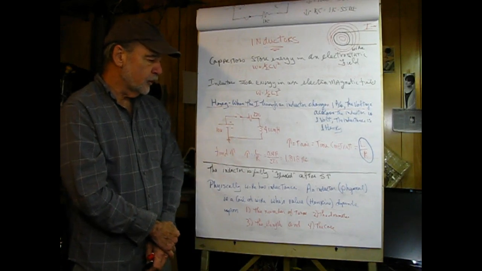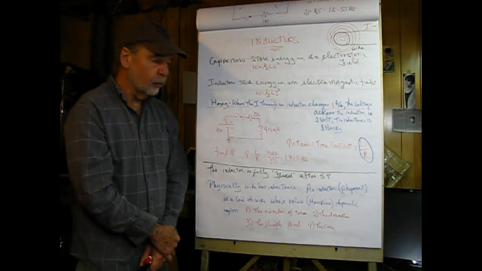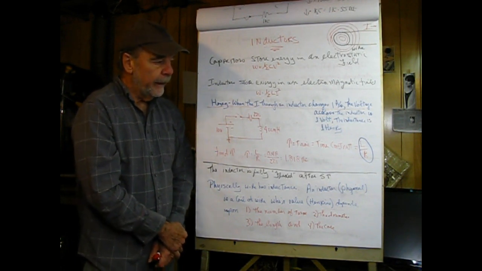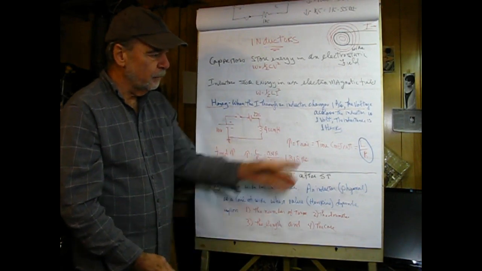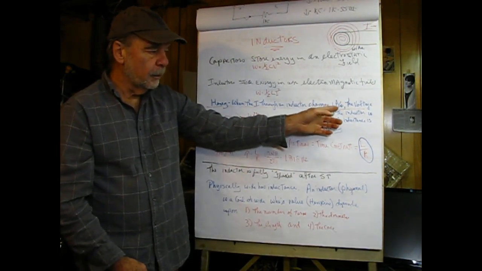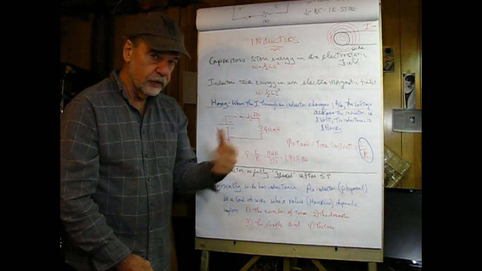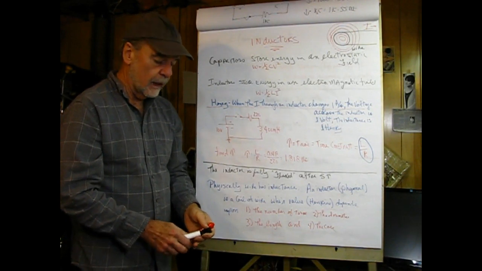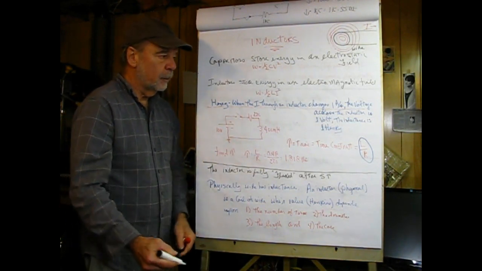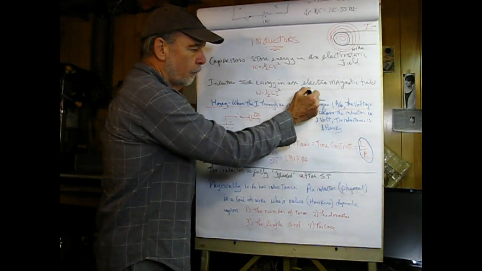The unit of measure of inductance is the Henry, where in capacitors it was a farad. And a Henry is defined, and this is a rather difficult concept to see, such that if you have a change of 1 ampere per second flowing through an inductor, it'll produce a 1 volt drop. Now, what does a 1 ampere per second signal look like?